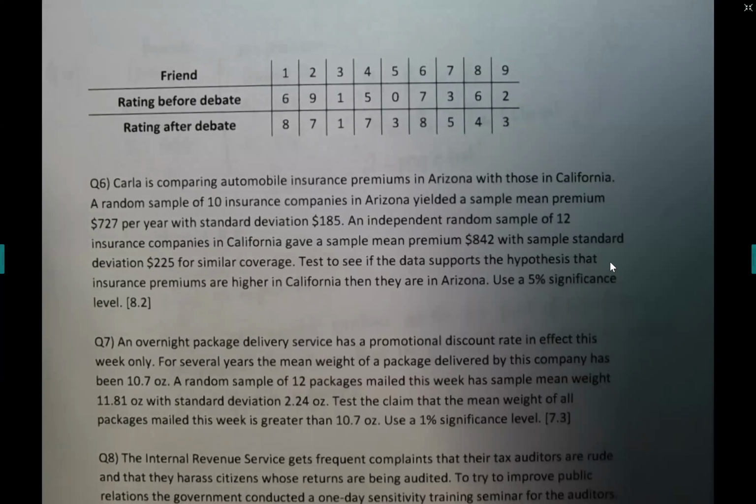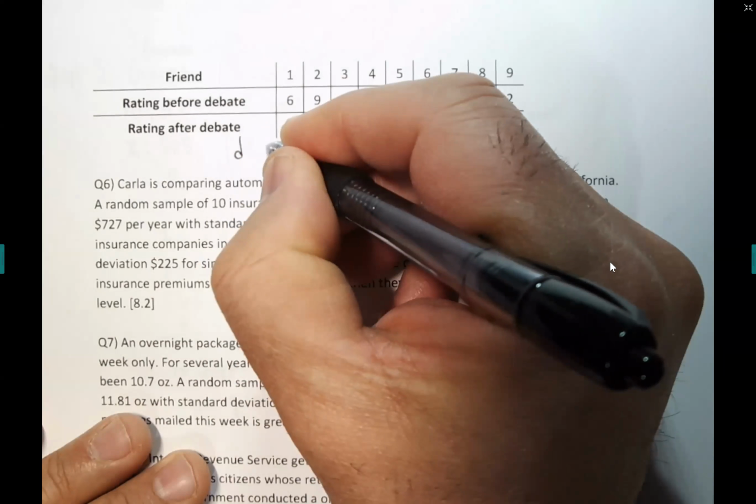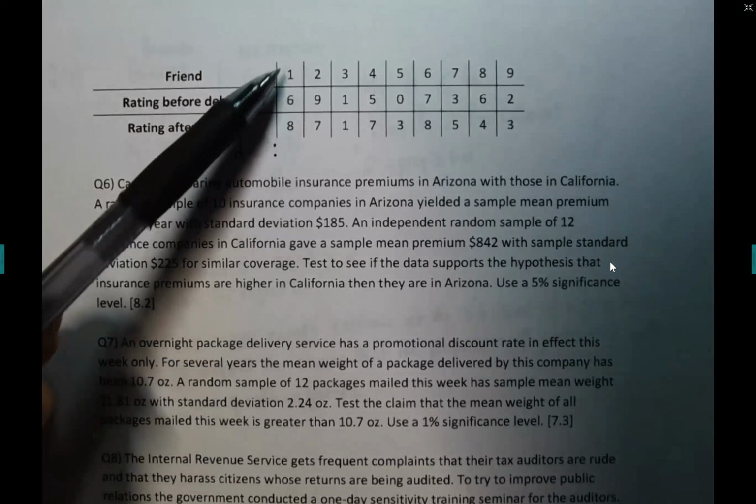We need to check if the results were different before and after the debate. That means the debate did make a difference in changing people's views of the person who was running for election. So what do we do, guys? We need to do the difference here, because it is the same person before and after.